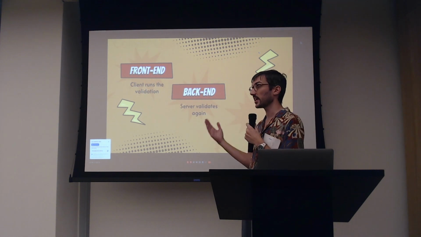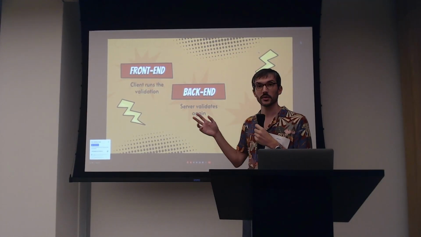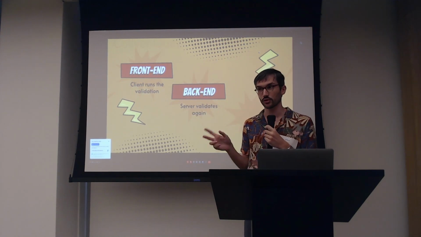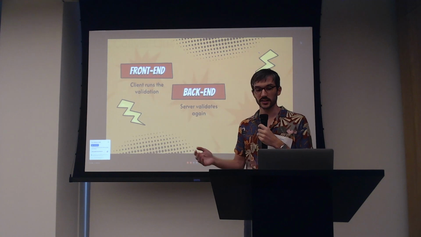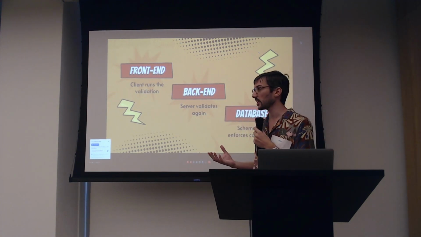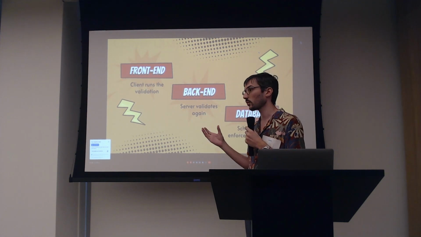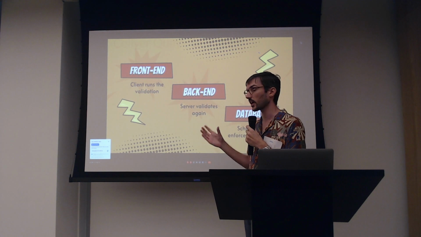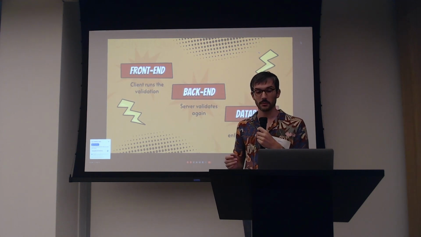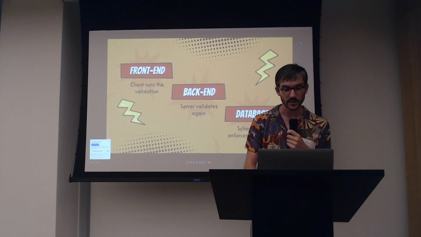So we need to validate again on the server, which means we need to do the same sort of validation twice at two different places. And then maybe when you're storing that data, you have some limitation. So maybe you have a database which is limiting one of your options. Let's say you want to store text, and you have a limited amount of characters that you can store. So maybe you'll have another set of validation on the database.